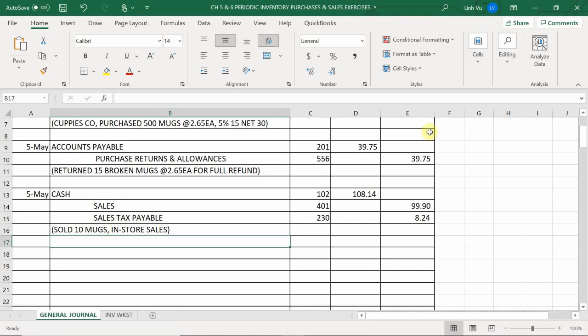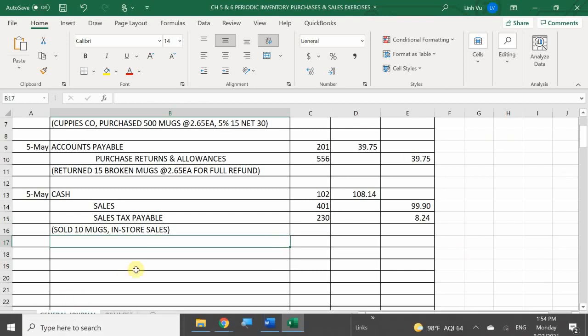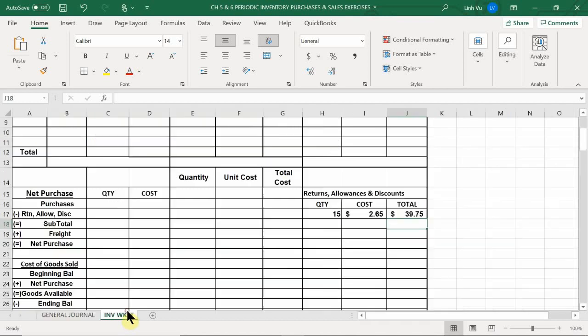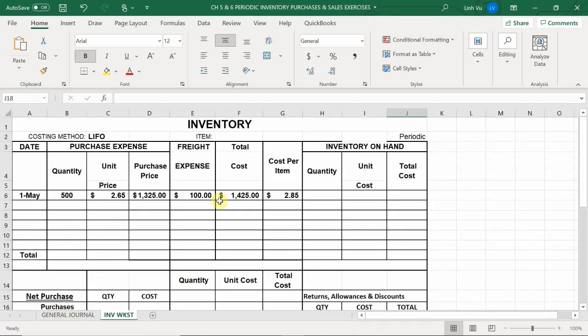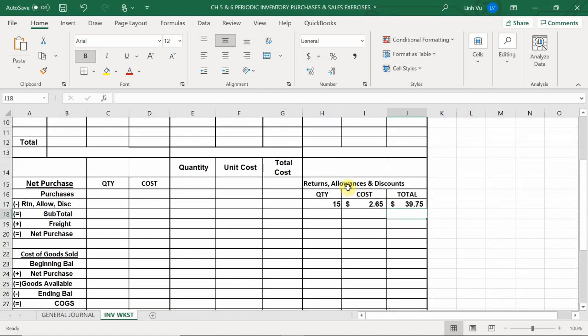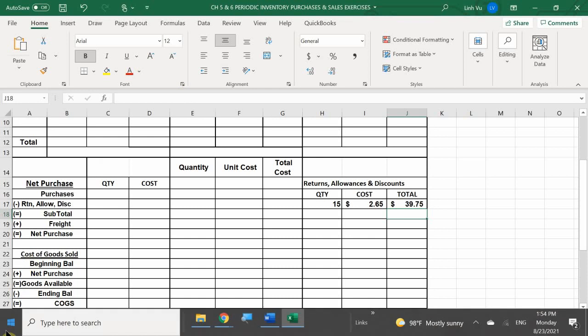Now I have a question for you. Do we need to go to the inventory worksheet? No, because there is no section for the cost of goods sold, or for just updating inventory. We don't need to do anything to the inventory worksheet because the inventory worksheet is strictly only dealing with purchases.